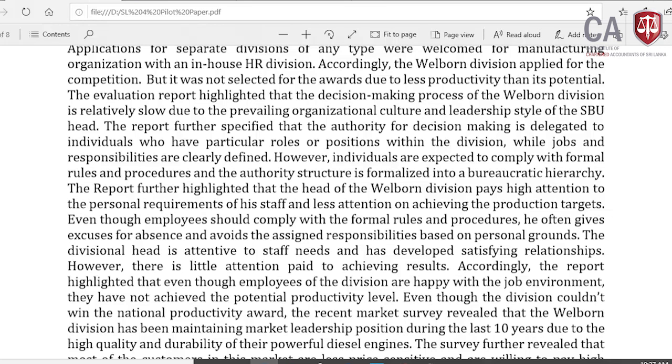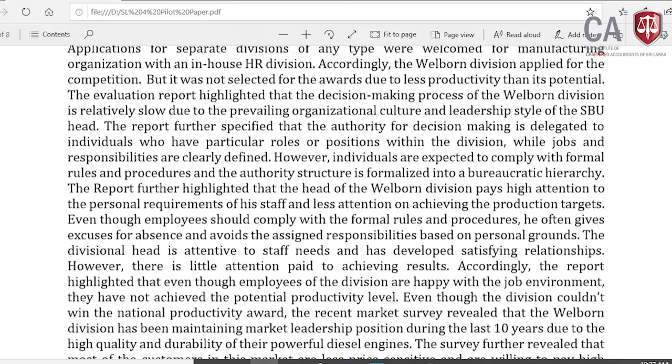Culture and leadership style is also not encouraging quick decision making. However, we have applied the decision making to the bottom level. In other words, decision making delegated to the individual who have particular role within production divisions. At the same time, there are clear defined responsibilities available. In other words, they have clear job descriptions.